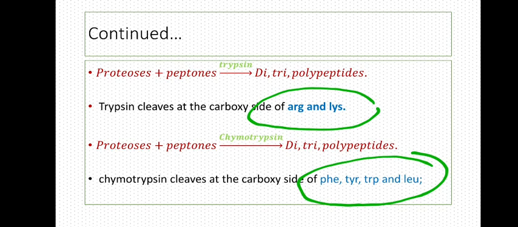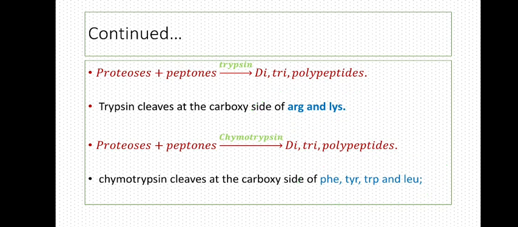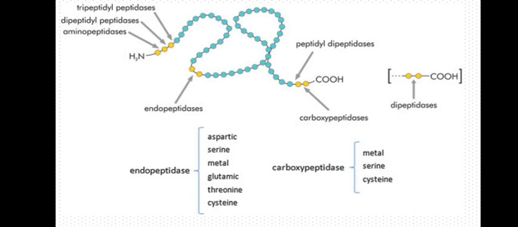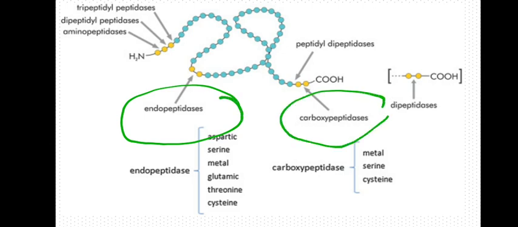Trypsin and chymotrypsin are endopeptidases, whereas carboxypeptidase and the rest of them, dipeptidase and tripeptidase, are all exopeptidases. Now, by the end of the activity of trypsin and chymotrypsin, you see di, tri and polypeptide formation. I am repasting the diagram here so that you can have a very clear idea. Here you see this is where trypsin and chymotrypsin act, and this is where carboxypeptidases and the rest of the peptidases act.